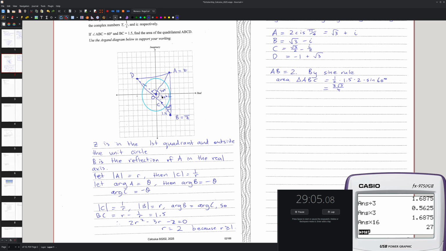Bruh. Okay, area triangle ADC is equal to.